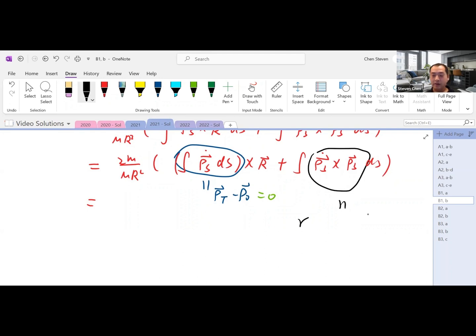The radial length is r, so r times phi t dot, and its direction is tangential, so let me call it e_phi. Cross product rho s is r e_r, right? So their cross product has direction negative z. And the value is r squared phi t dot.